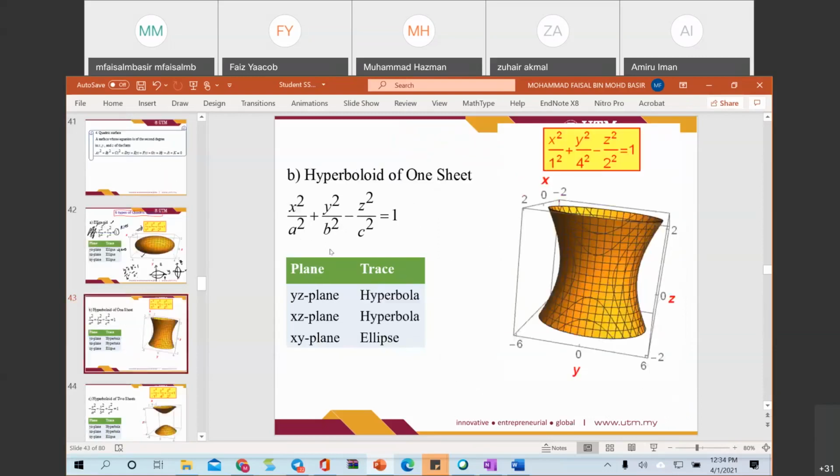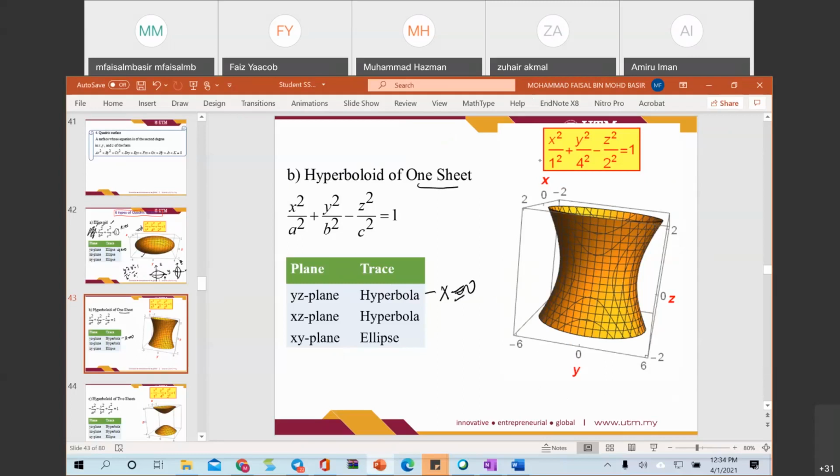Second one, hyperboloid of one sheet. In the XYZ equation, hyperboloid of one sheet, we have one negative. So please mute. Okay. YZ plane means x is 0.